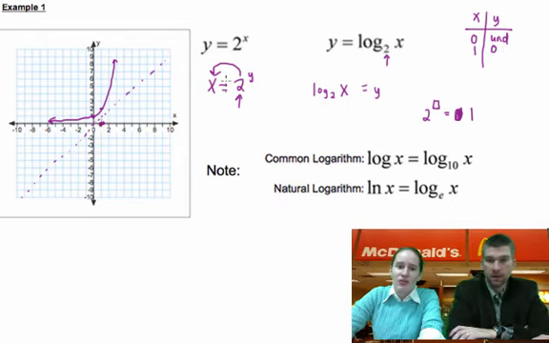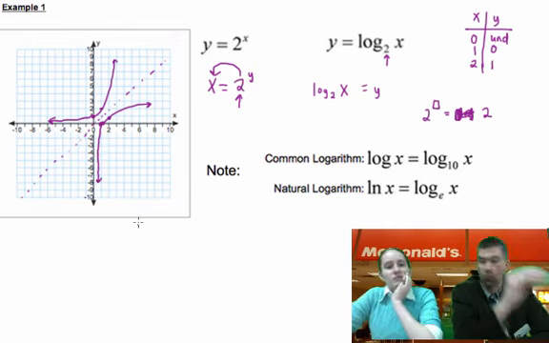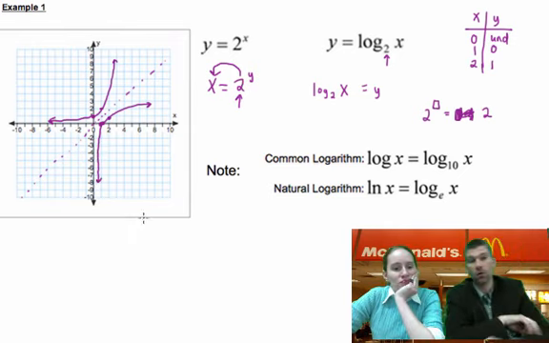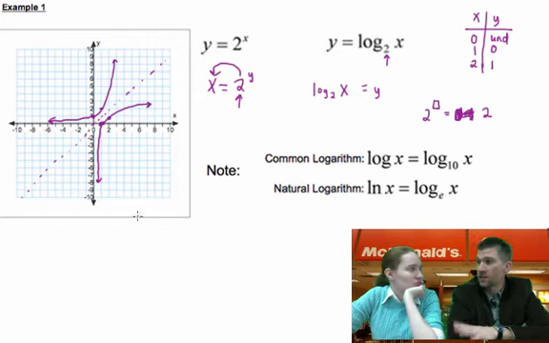Okay, and then hopefully you can get an idea because these are supposed to be reflected that this should go this direction. And this should go... Now, as fast as an exponential equation grows, a logarithmic equation grows just that slowly. So we could actually look at log base 2 of 1,000 and get a y value of like 10 or something like that. That's not out of the question.